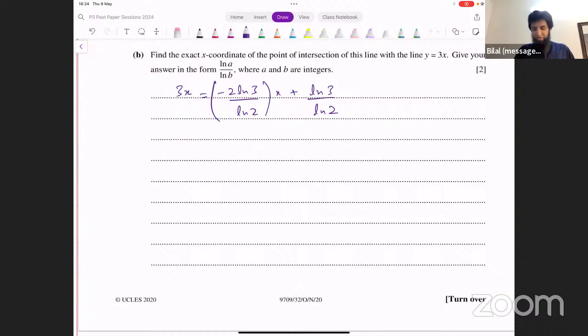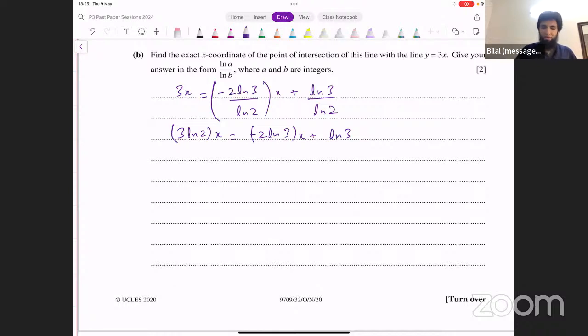Okay, to simplify things, I think we can start by doing something like this first. Multiply the whole equation by ln 2, okay, to get rid of the fraction. If I multiply the whole equation by ln 2, that gives me 3 ln 2 into x. On the other side, I have minus 2 ln 3 into x plus ln 3, right?